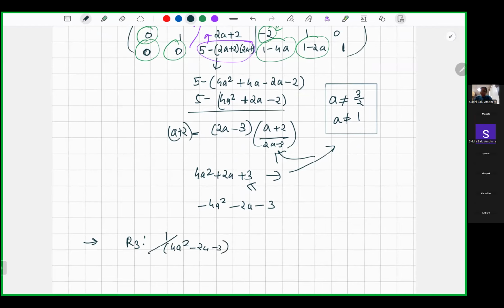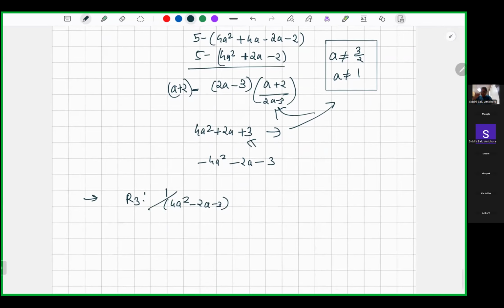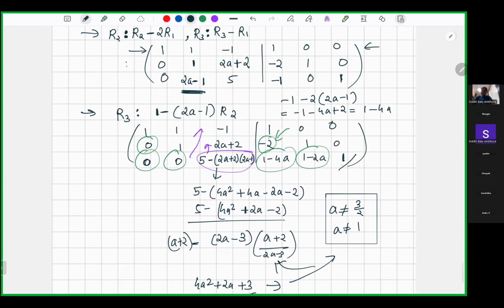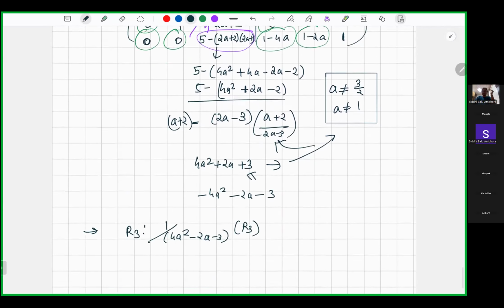And you can check that since a is not equal to 2, a is not equal to 3 by 2, or a is not equal to 1, this actually makes sense here into R3. And then whatever the resultant matrix will be, we will get this.